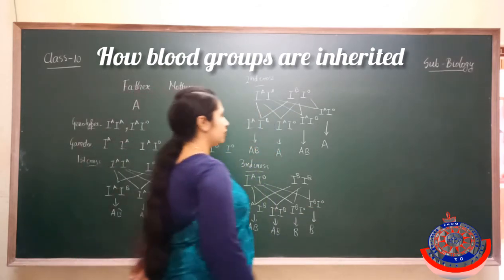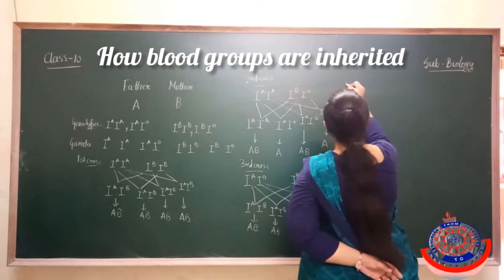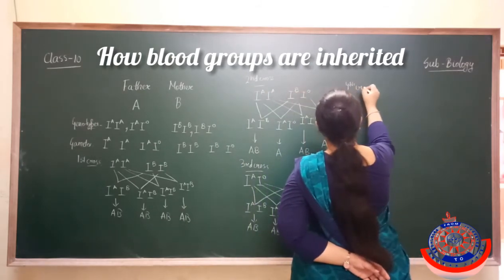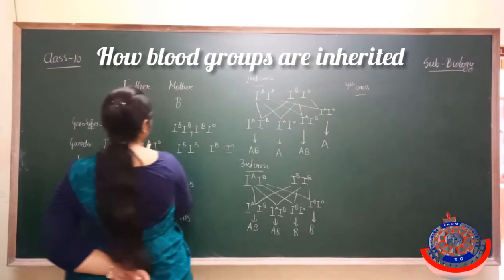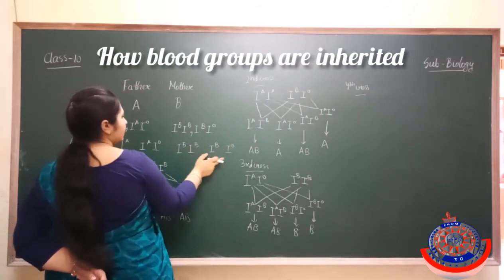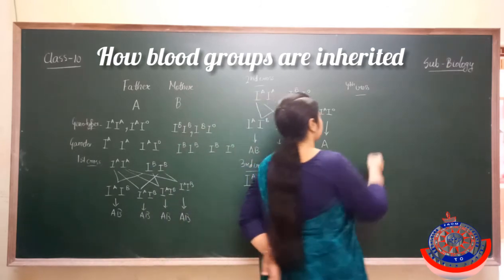Okay. Now next is the fourth cross. It will be between IA IO and IB IO.